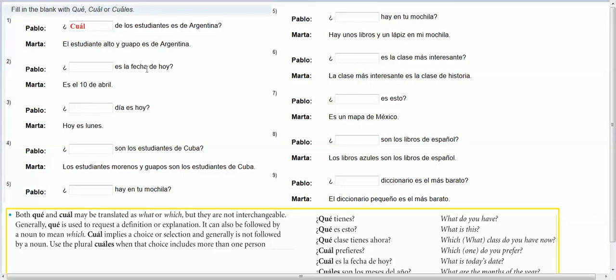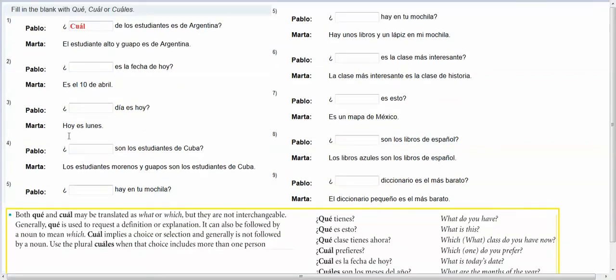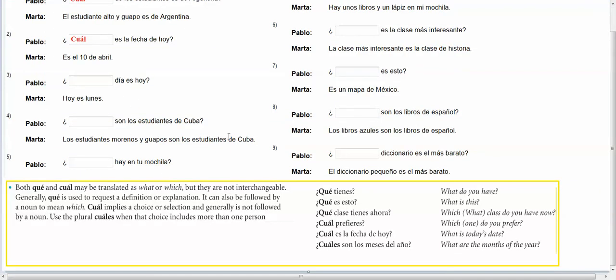Blank es la fecha de hoy. And if we go back out here, for telling the date, we use cuál. So we're going to put cuál here. ¿Cuál es la fecha de hoy? Okay, es el 10 de abril. Blank día es hoy. What day is today? That would be qué. ¿Qué día es hoy?